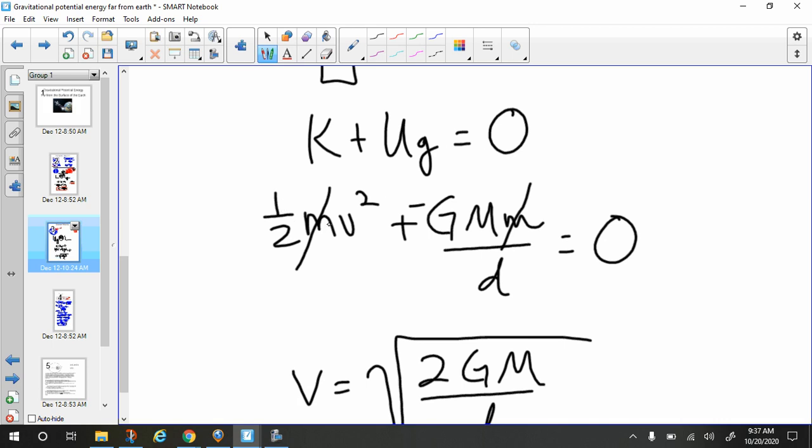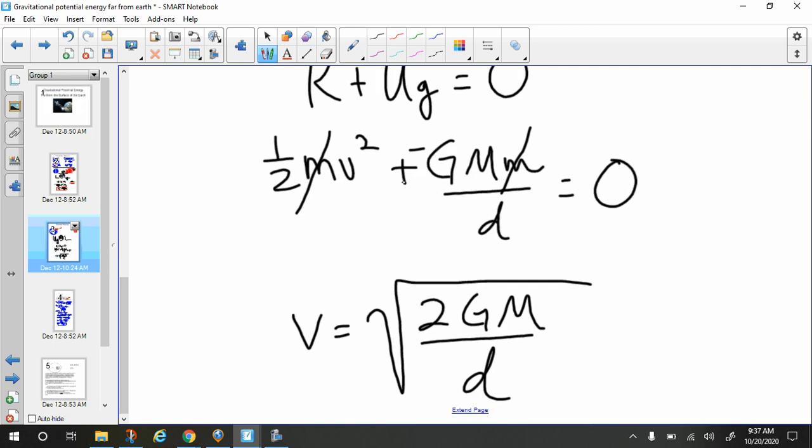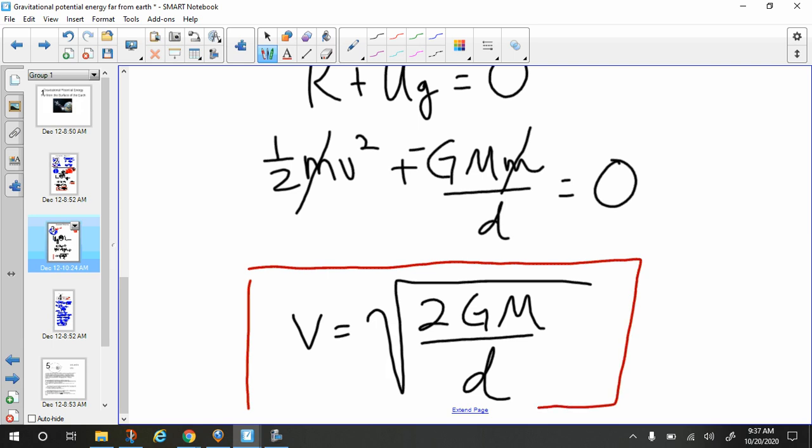We plug in 1/2 mv squared, and negative GMm over d equals 0. And then we cancel out our masses, and we rearrange to solve for v. So I'm adding the GMm over d onto this side, and then I'm multiplying by 2 and square rooting. And I get v equals the square root of 2 times G times M over d. And that is escape velocity.